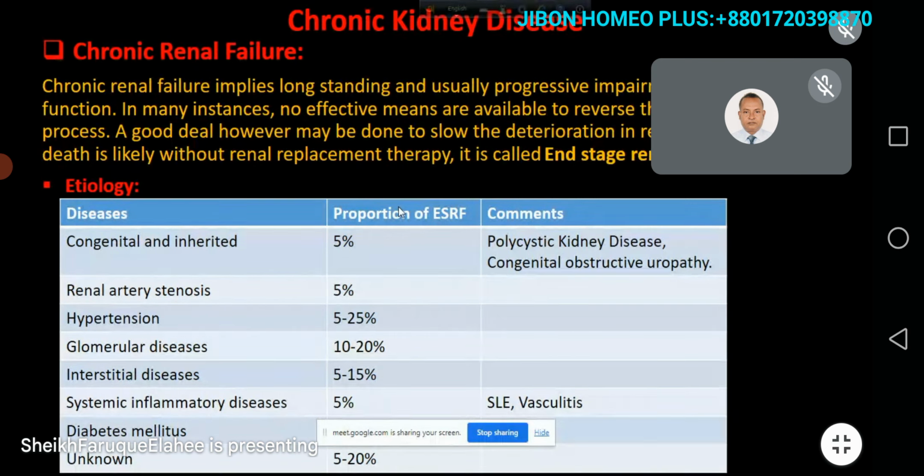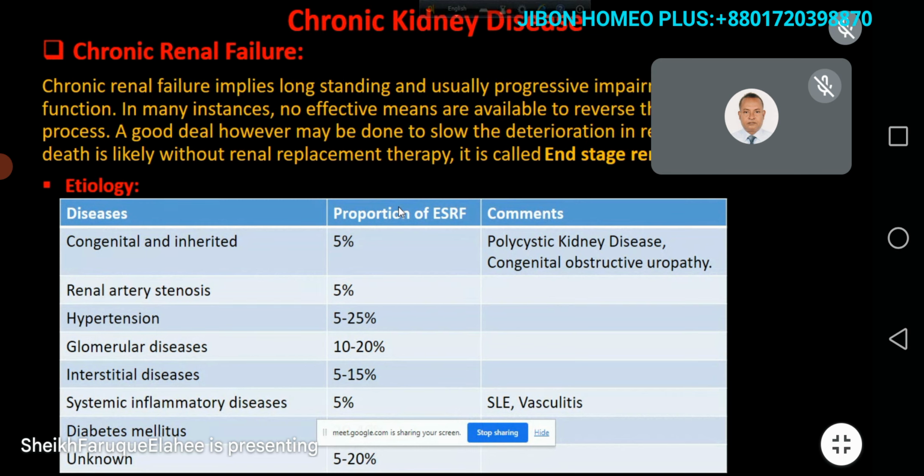To delay. Maybe he would have gone to total renal failure in 1 year, and they will delay it for 3 years, 5 years. This much only. But if these people come to us in better time, in an early stage, a homeopath can cure this patient to his previous state.